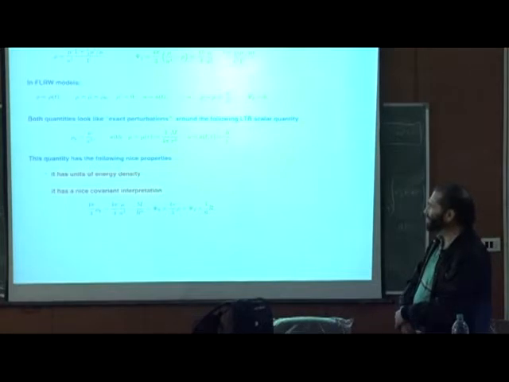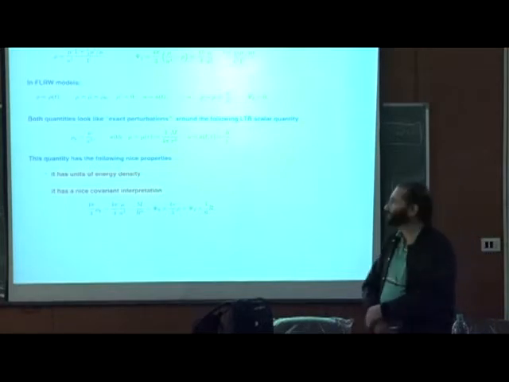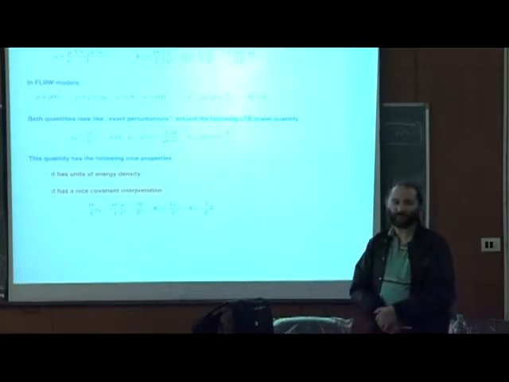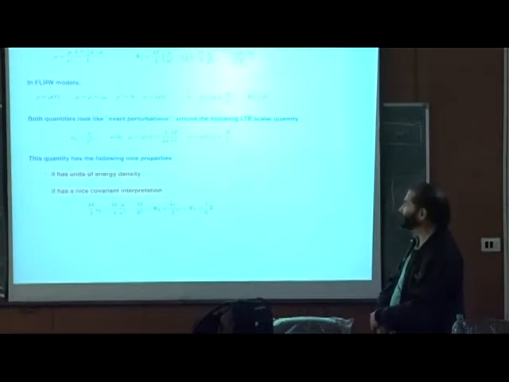But since we know that 8 pi rho is the Ricci scalar, this quantity is psi2 plus 1/6 of the Ricci scalar. So this is actually an invariant quantity.